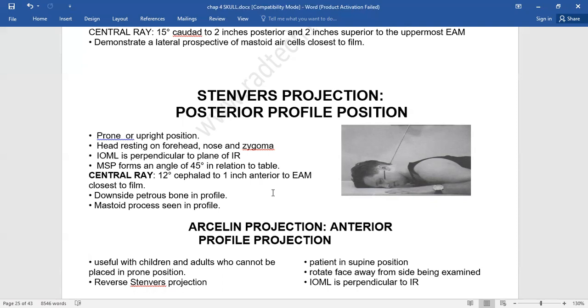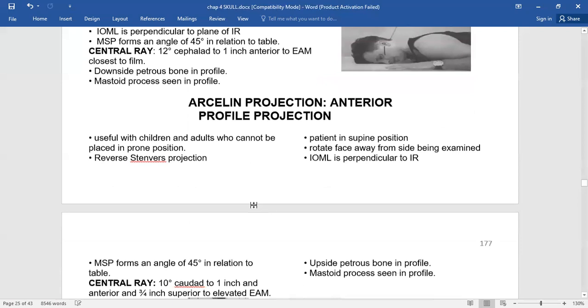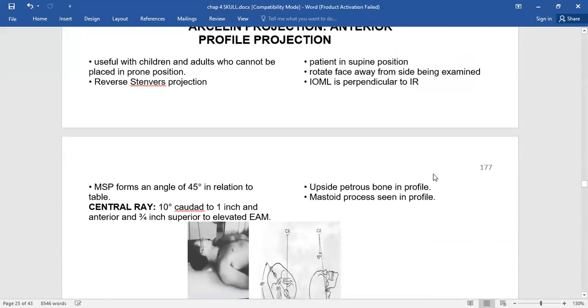Yung arceline is anterior. So, arceline, this is performed for children and adults na hindi kayang mag-prone position. So, kumbaga yung ating arceline is the reverse of standverse. So, patient supine, rotate face away from side being examined. So, IUML is perpendicular to the IR.